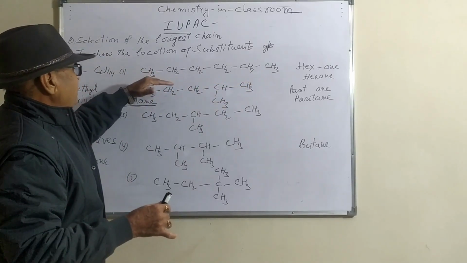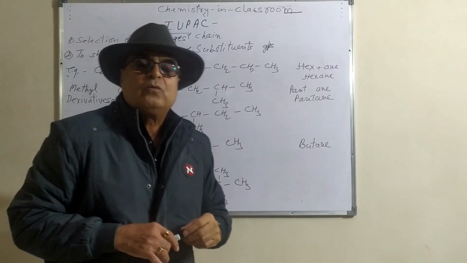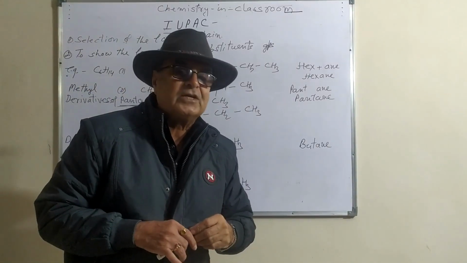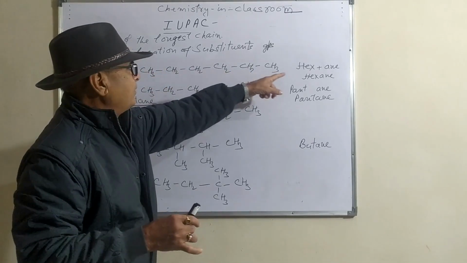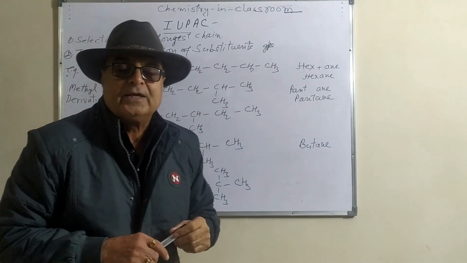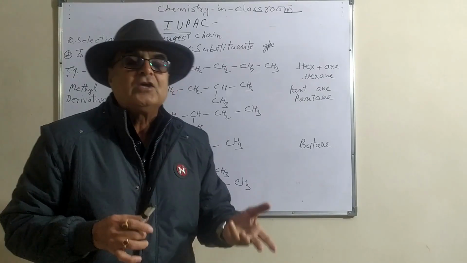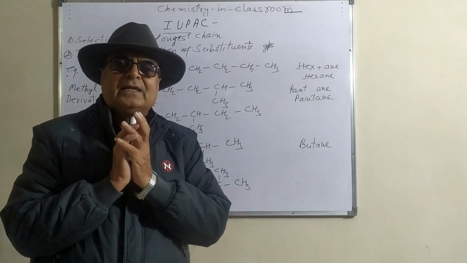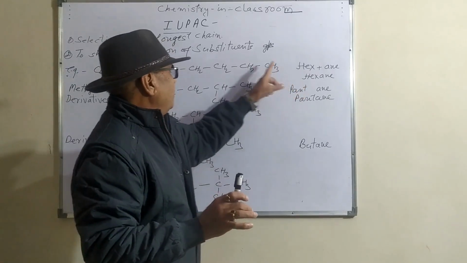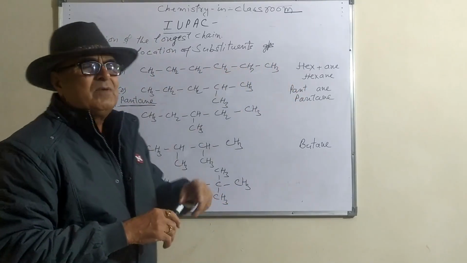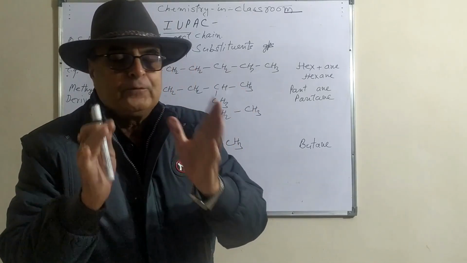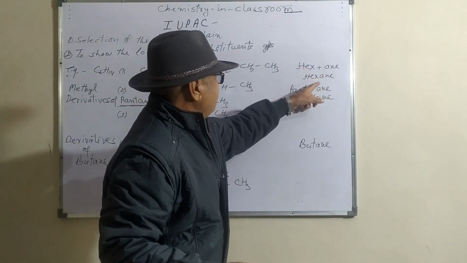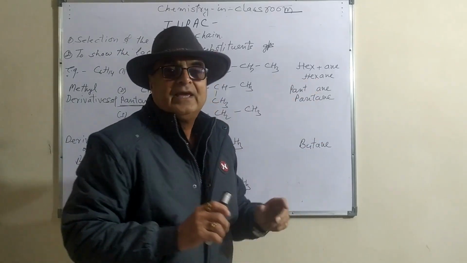If I now ask you the name of this structure, you will find that there are 6 carbon atoms present. So the value of alk will be hex, and all the carbons are combined with single bonds. So you will suffix hex with ane. So the name of this compound will be hexane.